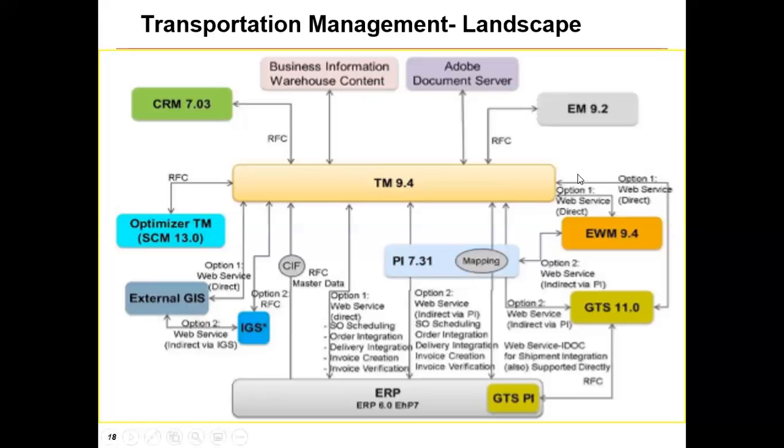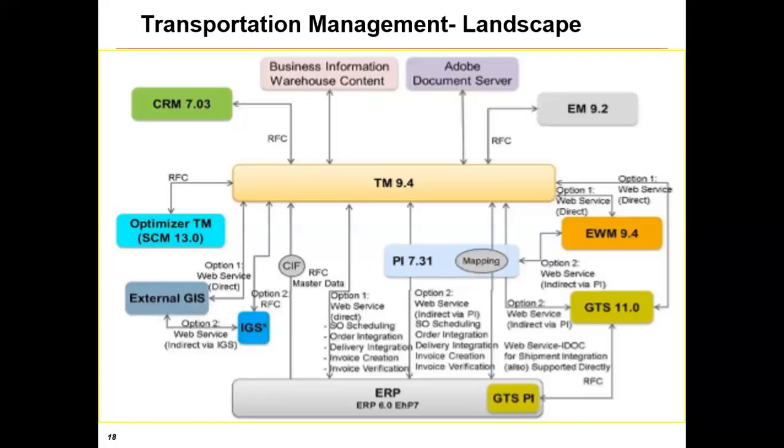Okay, and also option 1 involves the web service direct to connect to GTS. GTS stands for Global Trade Services. It involves export and import activities with the involvement of EDI and IDOC integration, and also involves RFC.